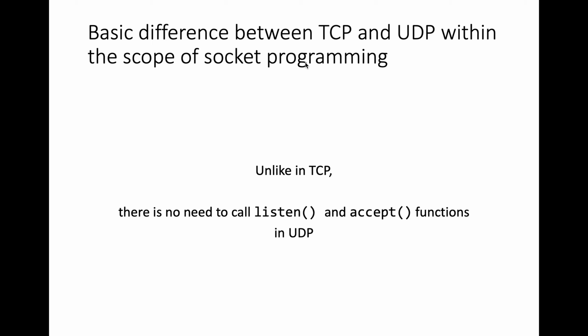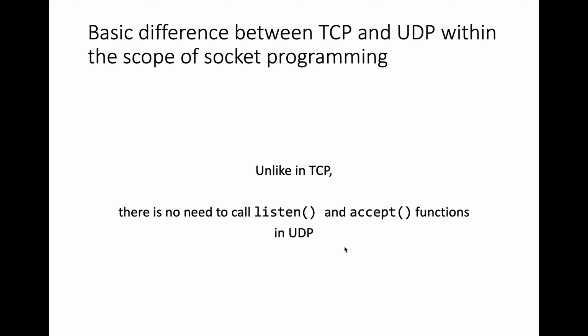Let's come back again to the difference between TCP and UDP. From a technical perspective, from a programming point of view, UDP works a little bit differently than TCP. In UDP, we don't have to call listen and accept like in TCP.